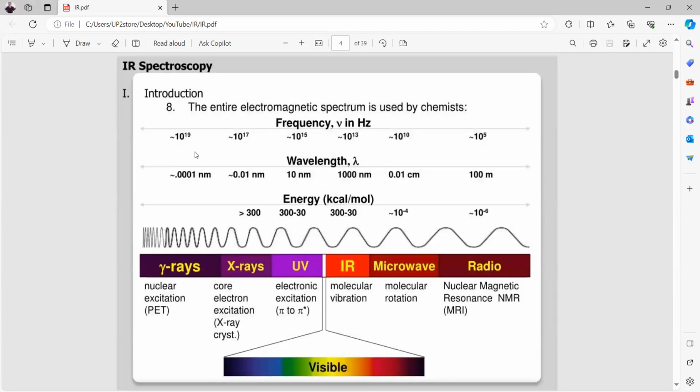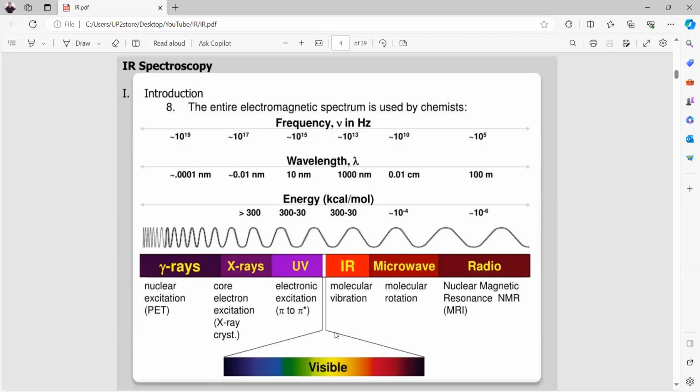As you can see, the entire electromagnetic spectrum is used by chemists. In this chart, above is the frequency nu in hertz, then wavelengths and energy, and on the right side you can see radio waves, then microwave, IR, UV, X-ray and gamma rays.